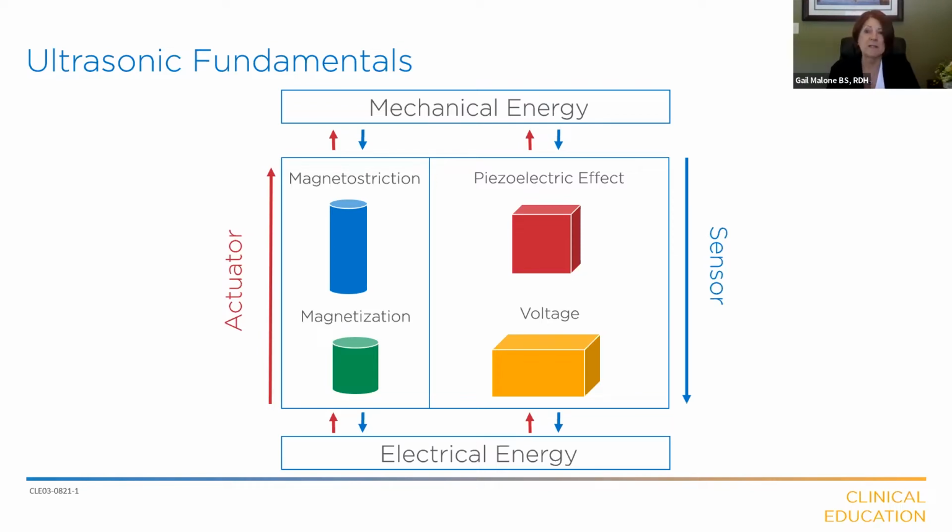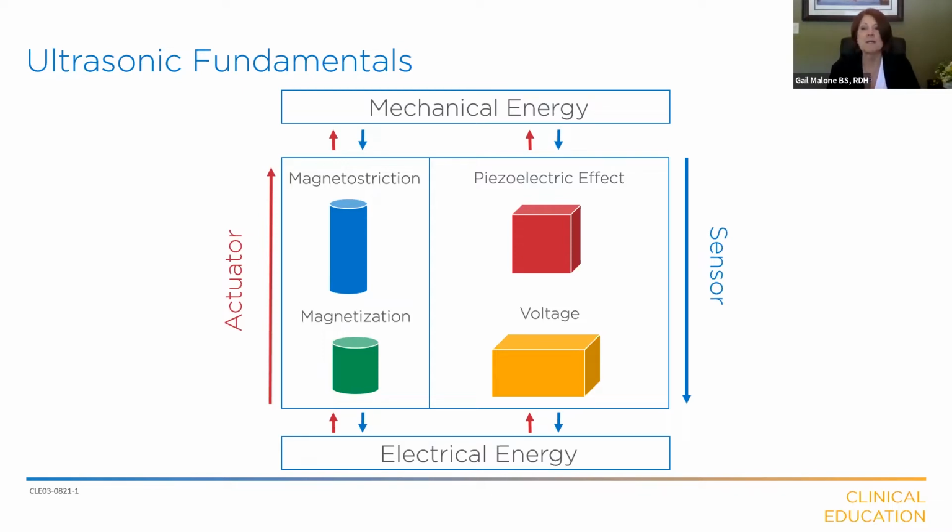That creates a magnetic field. The magnetic field then excites the metal stack of the ultrasonic insert that's placed inside the handpiece. When that stack is excited, it expands and then contracts to its normal length, and that causes the tip to vibrate and move back and forth at approximately 30,000 times a second.